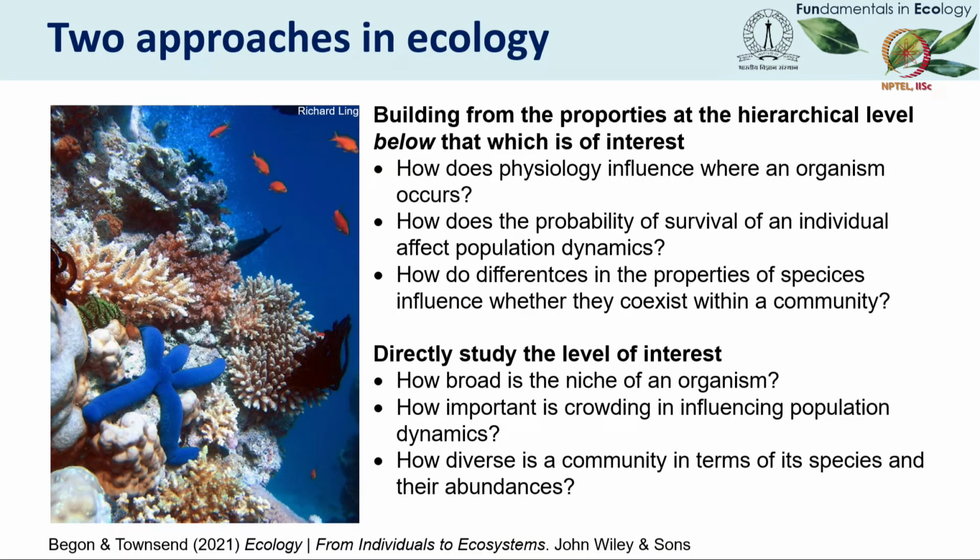There are two ways in which one can approach questions in ecology. And again, we're talking about those hierarchies in these systems. You can ask those questions in two broad ways. One is you can build from the properties at the hierarchical level below that which is of interest.